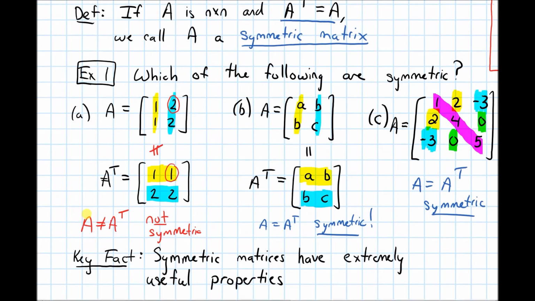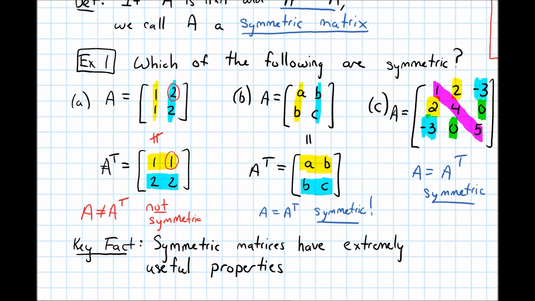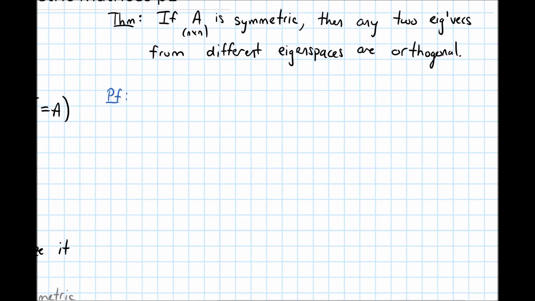The key fact that we'll be exploring is that symmetric matrices have extremely useful properties. Let's begin to state some of those. Here is the first property, which I'll state as a theorem.